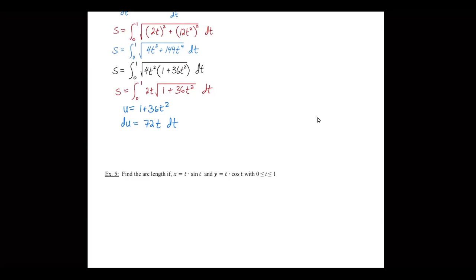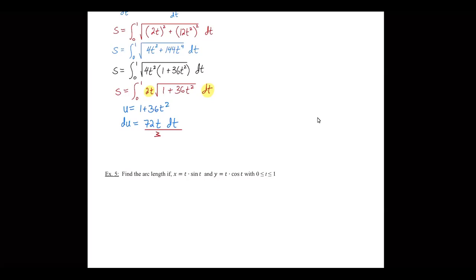All right. Now, I want this u substitution to help me cancel out, because I already know I can get rid of the 1 plus 36t squared. I want it to help me cancel out the 2t dt. There's a couple of ways you can handle it, but I think the most convenient way would be to say, all right, well, I have a 72t dt. I want that to become a 2t dt. So let's divide by 36.